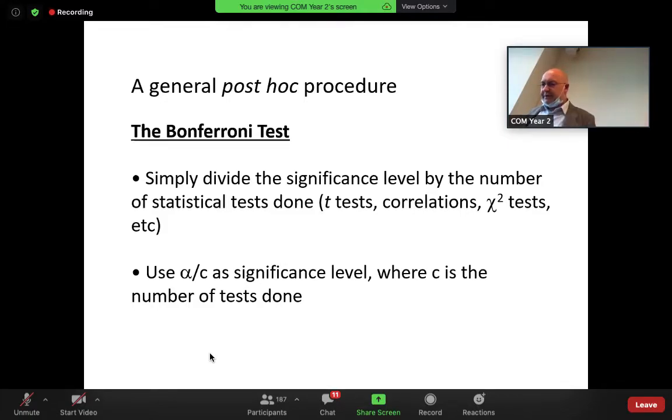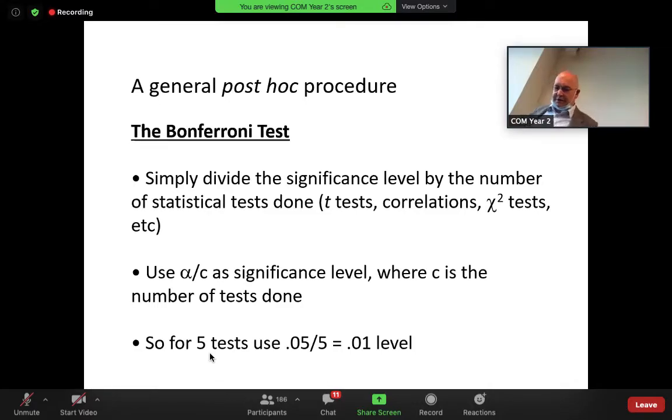So if your significance level is 5% and you've got 5 tests, then you divide 5 into 0.05 and you get 0.01, like this. So that means you need to achieve a p-value of 0.01 or less in order to claim statistical significance at the 5% level.